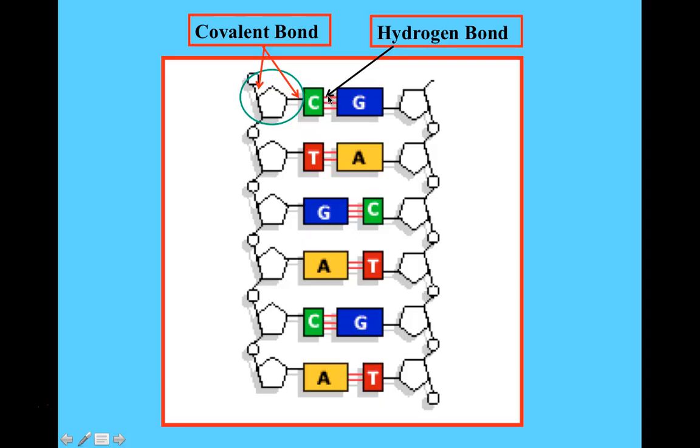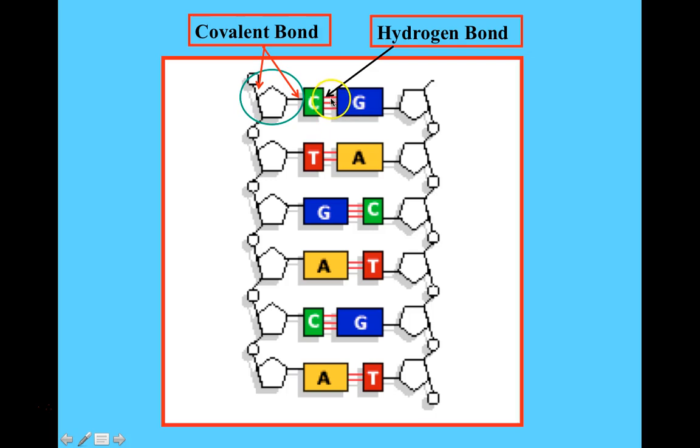Now we also do have another connection for the covalent bond. Not only do we have the connection of the phosphate to the sugar, but we also have the connection of the sugar to the base. So we actually have two sites of covalent bonding and one site of hydrogen bonding.